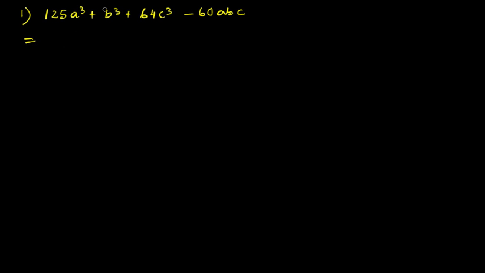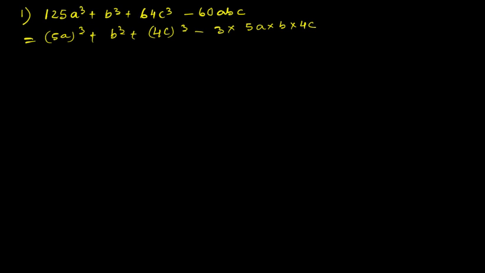So I can say it's the cubes minus 3 times the multiplication of all these terms. So it might go with the a cube plus b cube plus c cube minus 3abc formula. So I can write 125 a cube as 5a the whole cube plus b cube plus 4c the whole cube minus 3 into 5a into b into 4c.